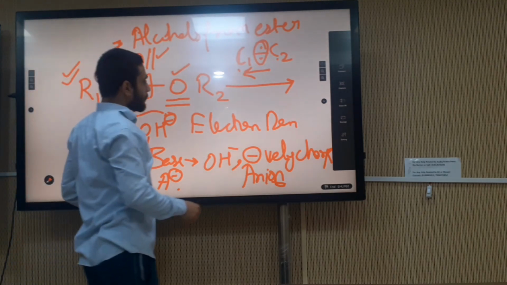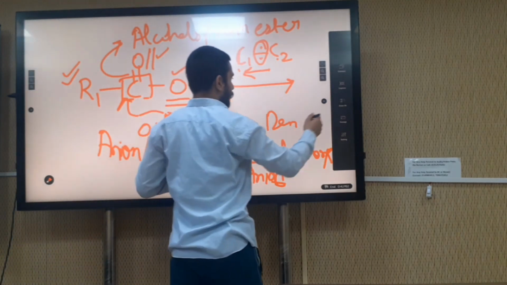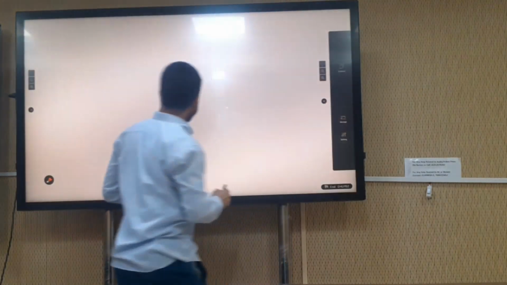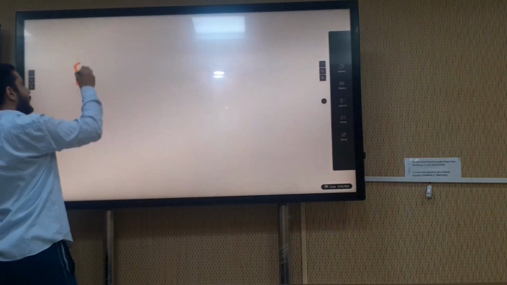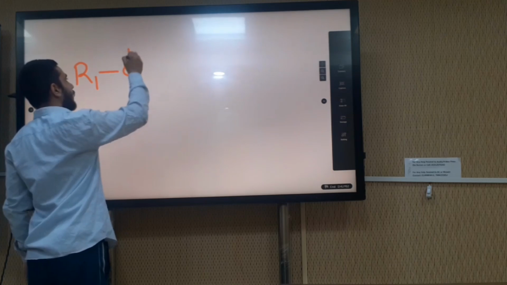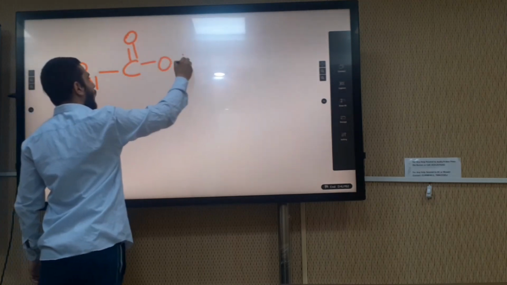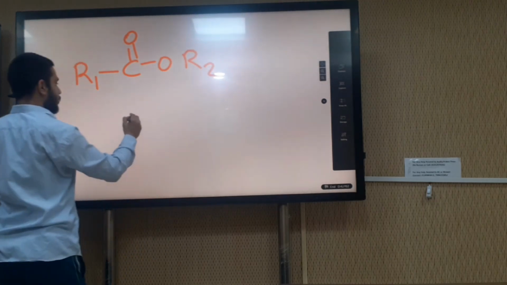So what will be the structure when this OH minus attacks here? Suppose this is the ester RCOOR2, and this OH minus attacked.